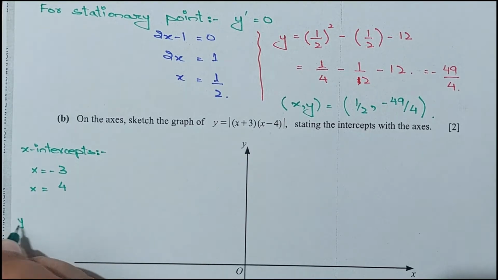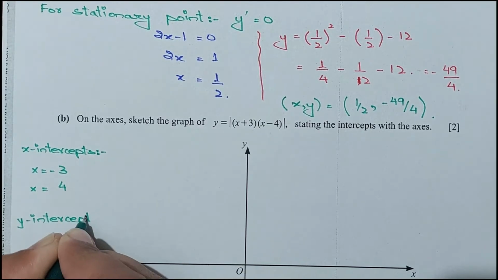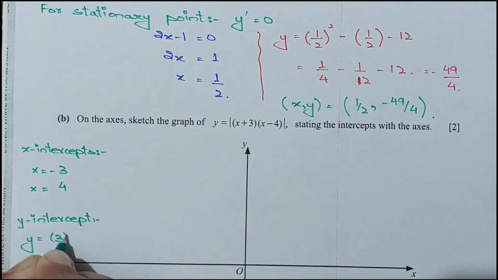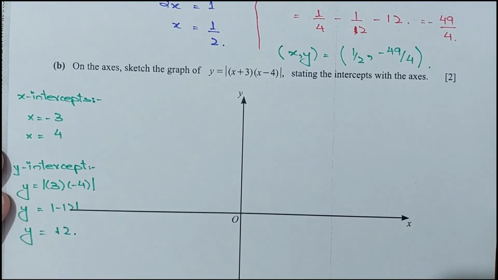Let me work out the y-intercept. For the y-intercept, we put x equals 0, so y would be the absolute value of 3 times minus 4, which is the absolute of negative 12, so the y-intercept is positive 12.